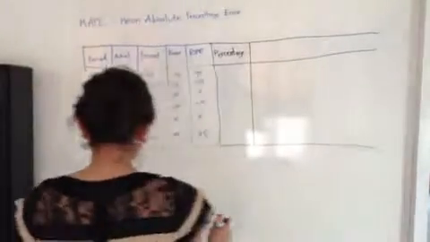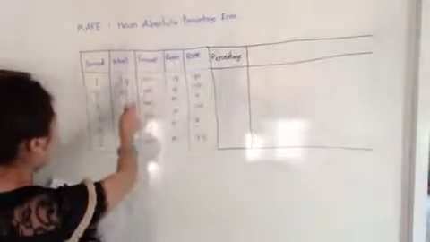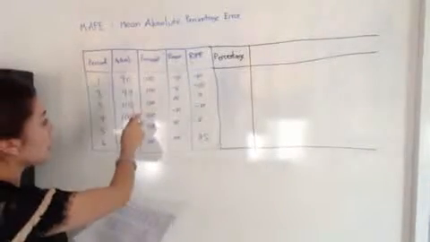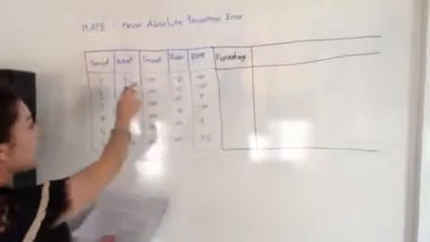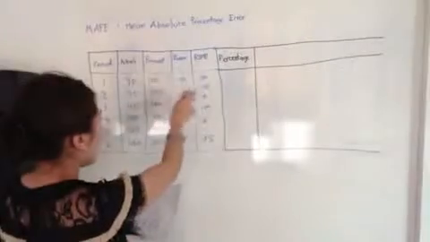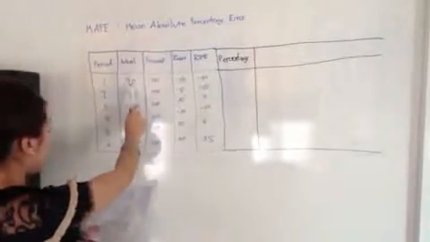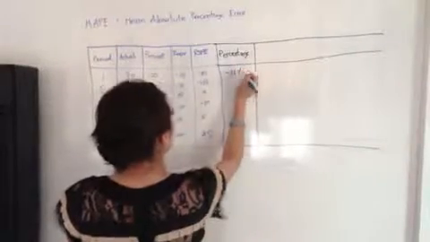For the percentage here, you use the error divided by the actual. For example, during the first period, the error is minus 10 divided by 90 from the actual during the first period. So minus 10 divided by 90 is minus 11%.